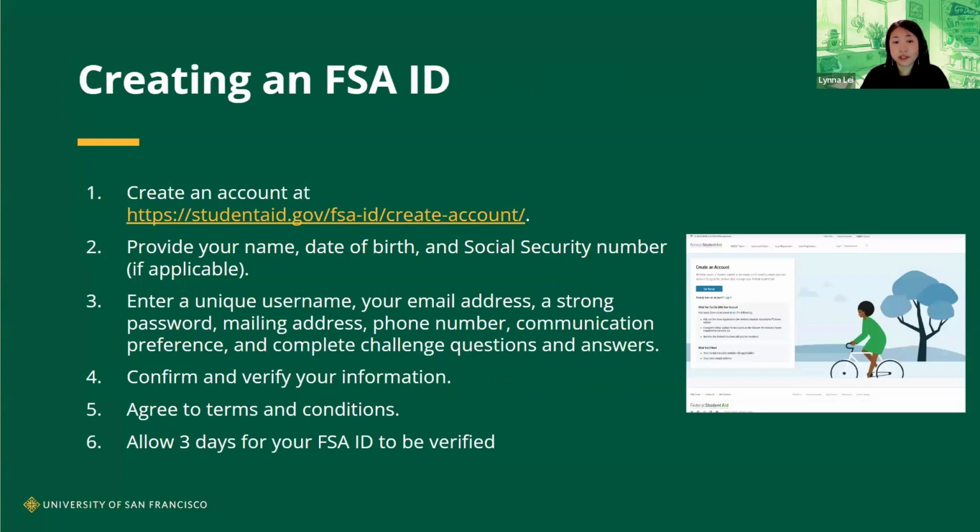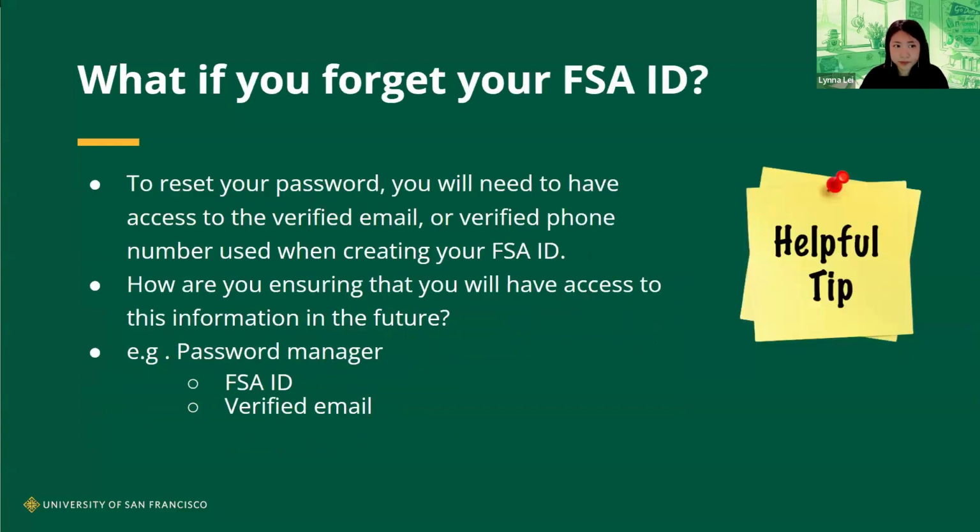You will need to enter a unique username, your email address, a strong password, mailing address, phone number, and communication preferences, and complete challenge questions and answers. You need to verify and confirm that information and then agree to the terms and conditions. It will take up to 3 business days for your FSA ID to be verified.